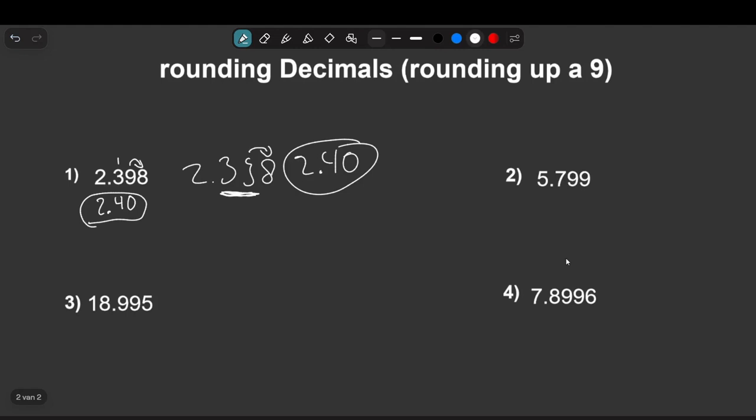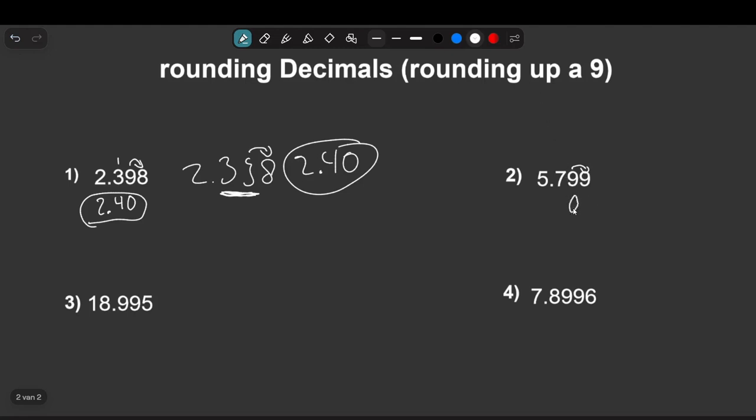For a second example, we have 5.799. So again, we want to round up the 9. So we're going to look at this 9 right over here and look if we can round up. And yes, of course, we can round up. So we're already going to write our 0 right here.